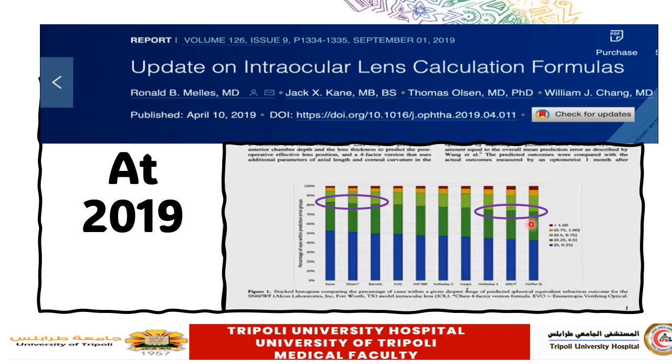However, the Kane has a much higher degree of predictability, followed by the Olsen formula, but because Olsen is a paid formula, it is not commonly used now. So the Kane formula shows better results than the Barrett formula, as well as better than the old generation formulas.